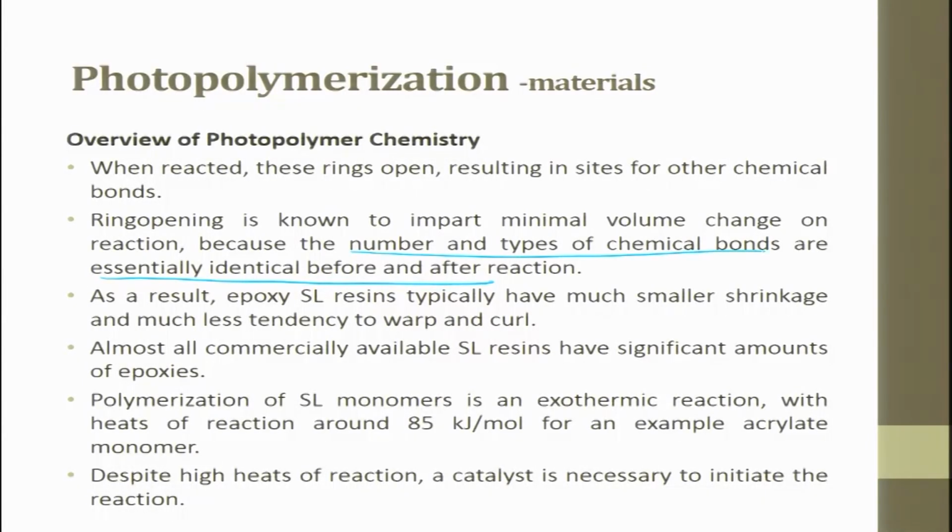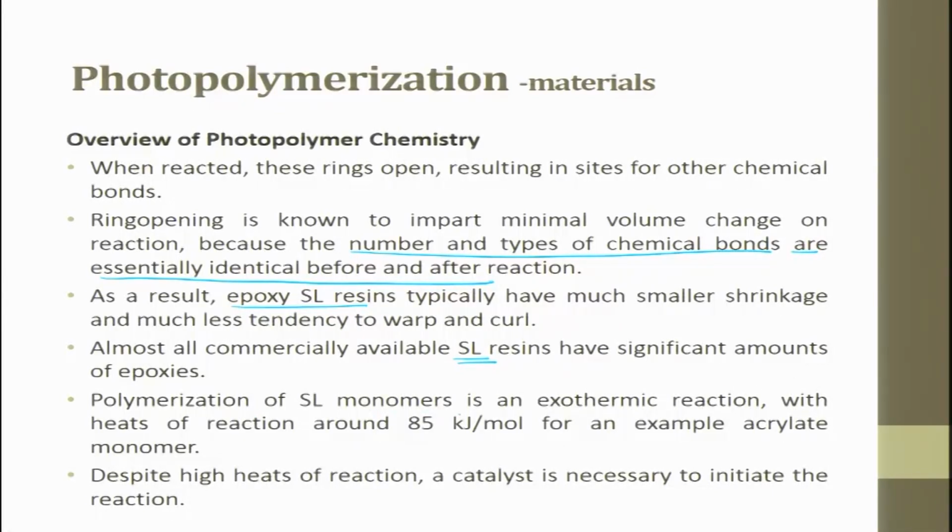Number and the type of chemical bonds are essentially identical before and after reaction. As a result, epoxy SL resins typically have much smaller shrinkage and much less tendency to warp and curl. Almost all commercially available SL resins have a significant amount of epoxies.